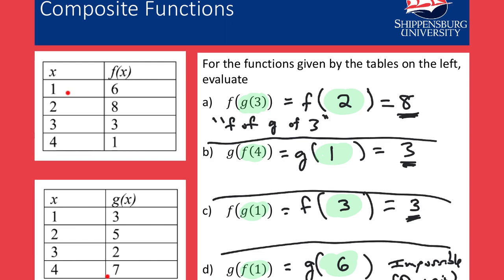So there has to be a relationship between the outputs of f and the inputs of g for us to be able to pull this off. And that's a good thing to keep in mind going forward, because we will see these composite functions again later on when the functions are more tangible and we can actually look at real domain issues.